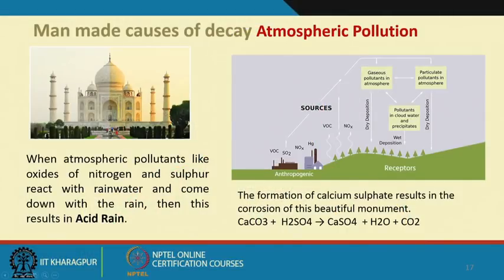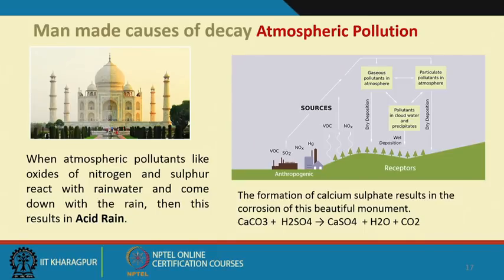This is a picture of how acid rain forms: the gaseous pollutants in the air and the dry deposited particles, and these pollutants in clouds and other precipitation, coming from the various industries, form sulfuric acid, and with the rain they come down and deposit on the surface and cause corrosion of this beautiful monument.